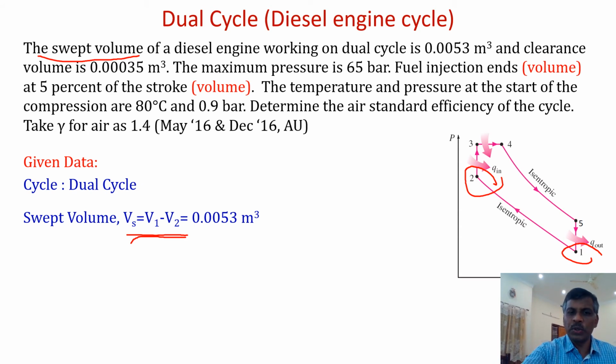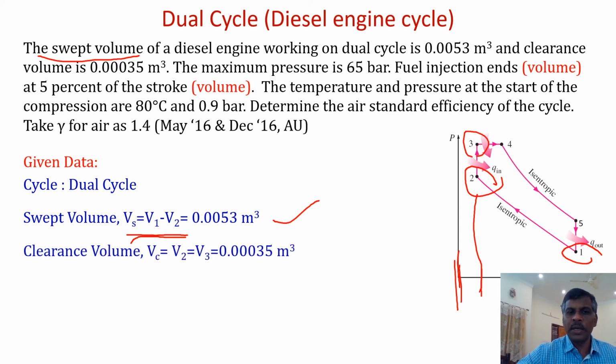V1 minus V2 is the given data. Then the clearance volume. What is clearance volume? It is the volume left behind, which is V2, and that is equal to V3. So the clearance volume is given.